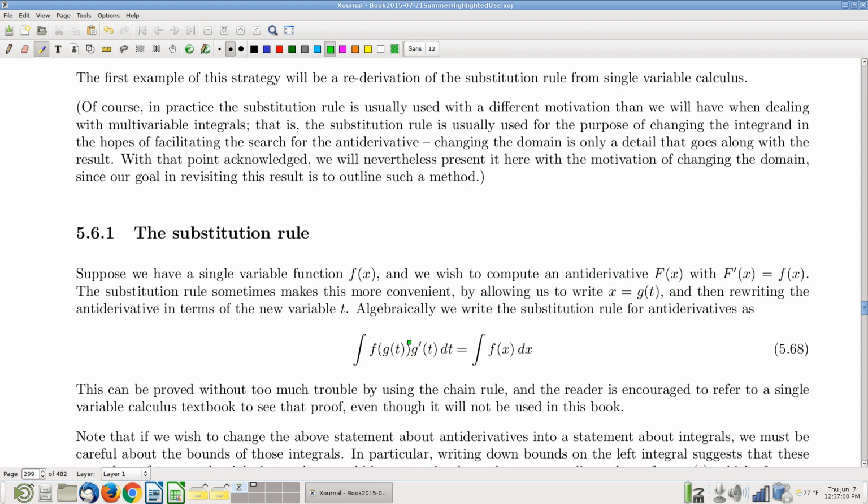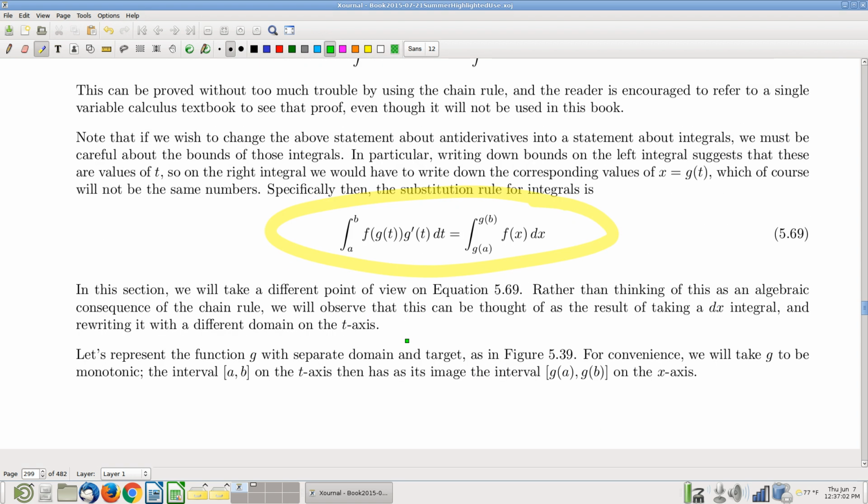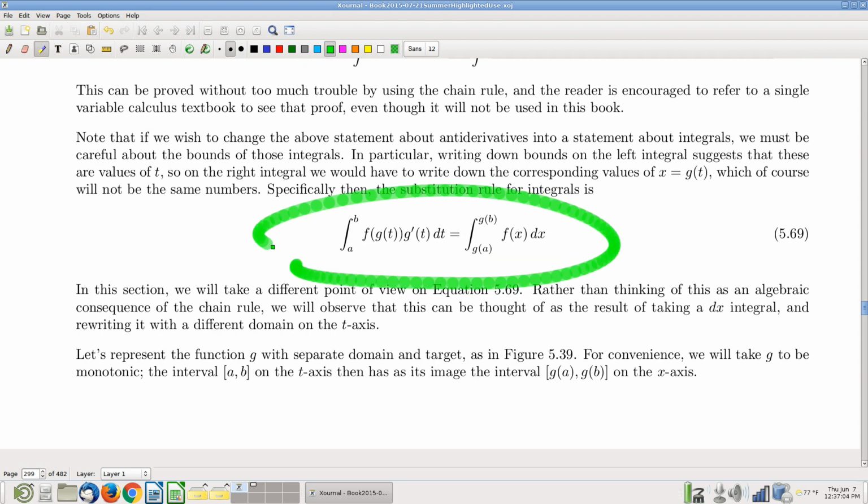Okay. I want to view this as a statement about integrals. Here's the substitution rule for integrals. All this says is once you have done your substitution, once you've written one of these in terms of the other, don't forget that the bounds have to change correspondingly. And the way I like to think about this is, that lower bound of a, that's a value of t.